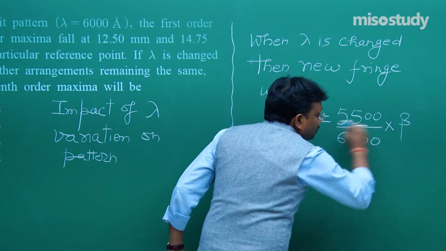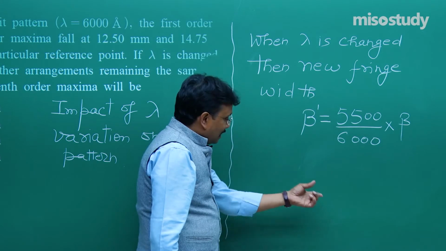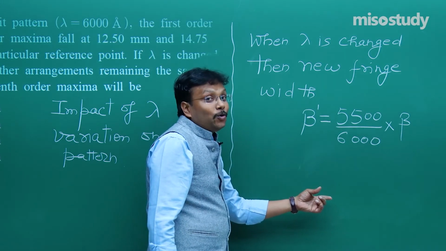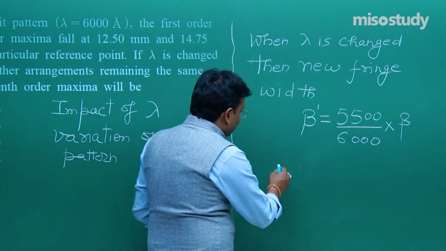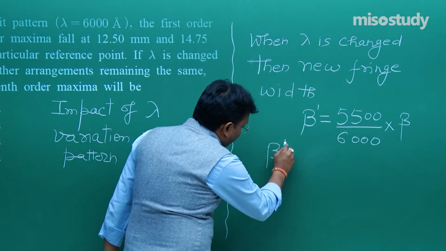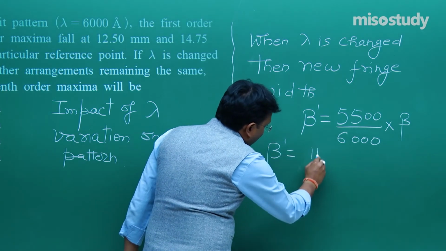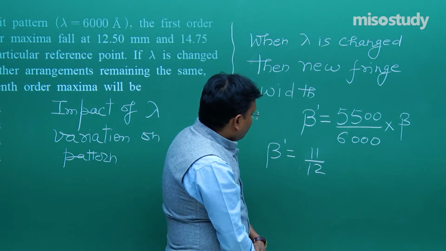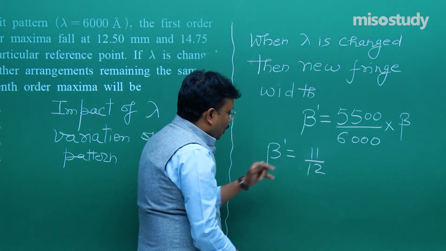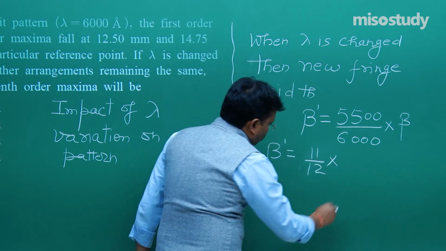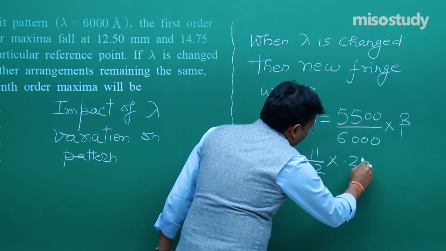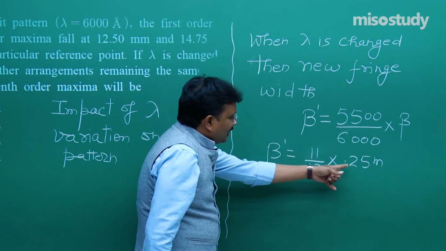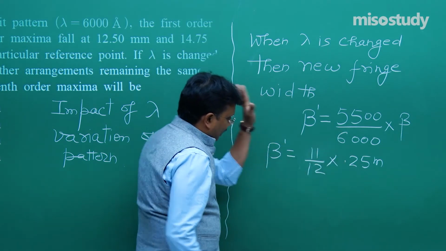beta. And what is the value of beta? Just here I mentioned it was 0.25 mm. Okay, it means beta prime is equal to 11 by 12, 5 and 5, yes, 11 by 12 into 0.25 mm. So, obviously, it is going to reduce slightly.